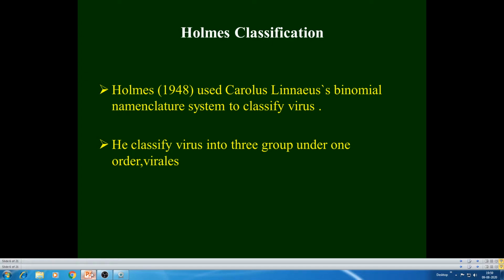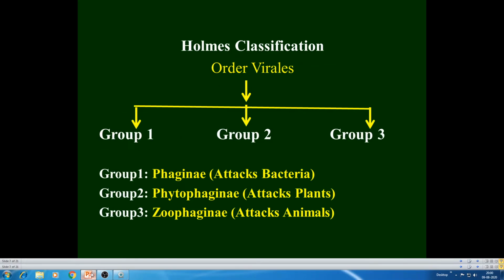That's called Linnaeus classification. Holmes classified the entire group of viruses under one order, that is Virales. Whenever you classify an order, you end with the suffix -ales, that is order Virales.